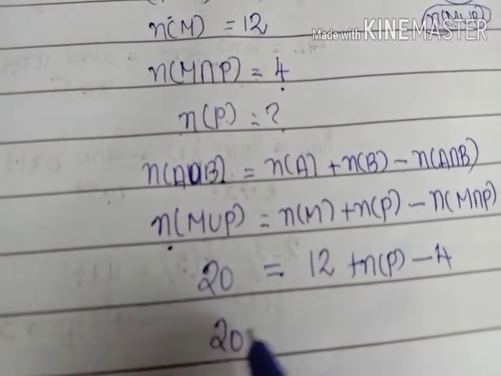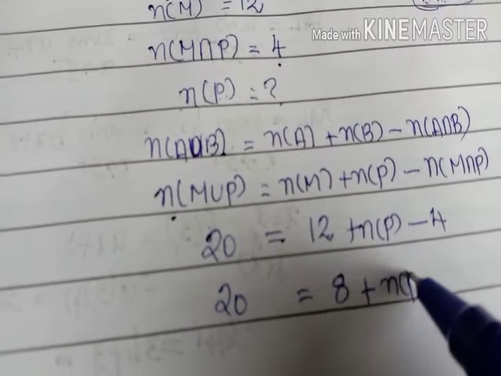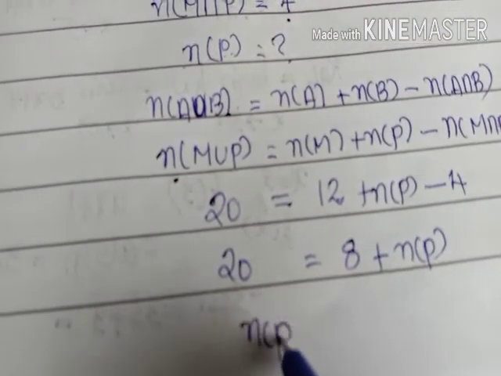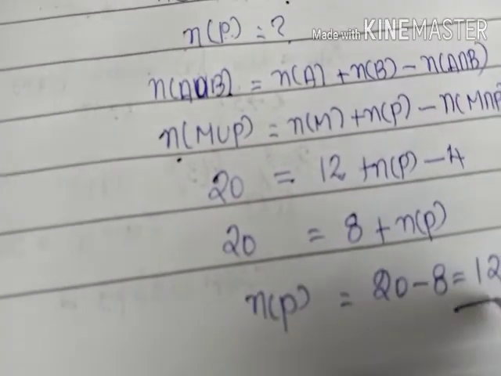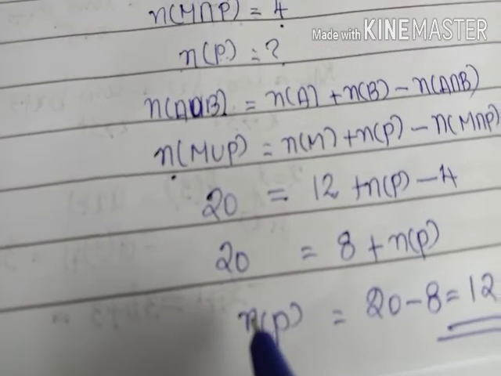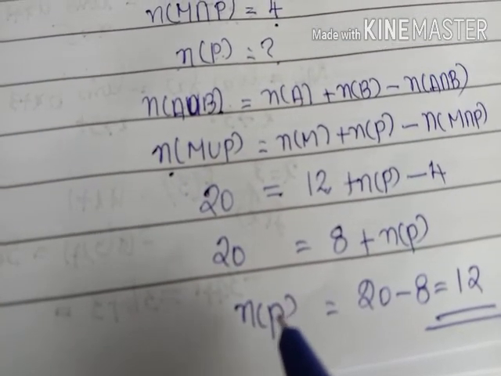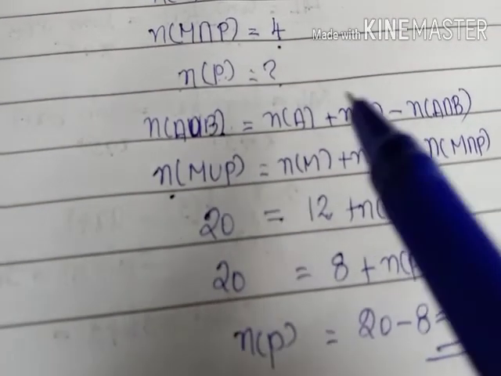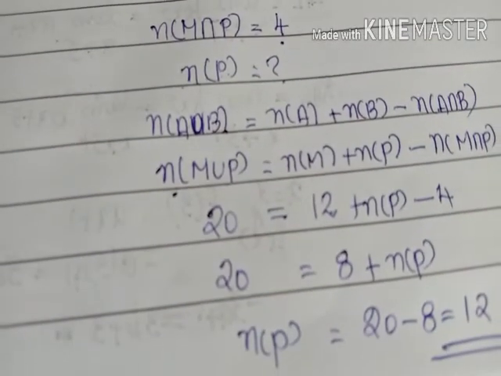Now simplify. 12 minus 4 is 8, so 20 equals 8 plus n of P. Now take this 8 to the left side. So n of P equals 20 minus 8, which is 12. So n of P, the number of teachers who teach physics, is equal to 12. This is a practical problem based on the cardinality theorem.